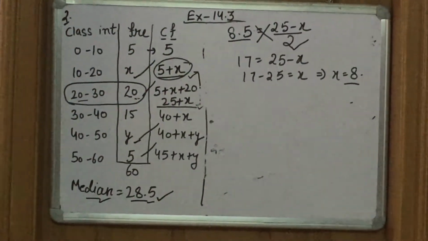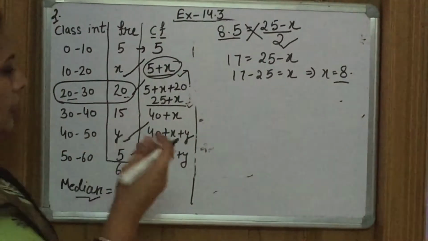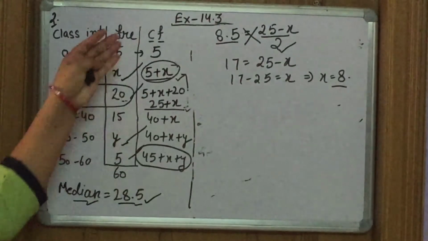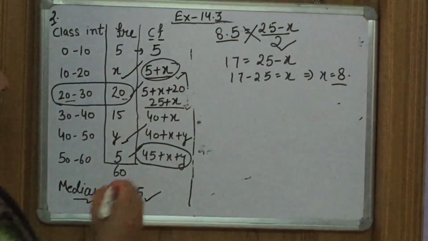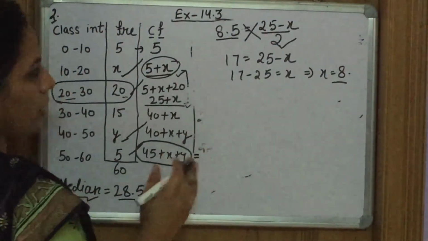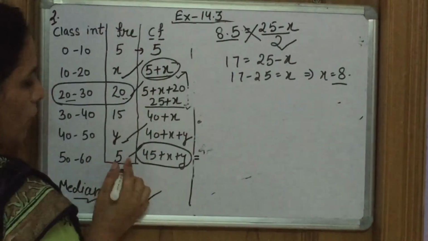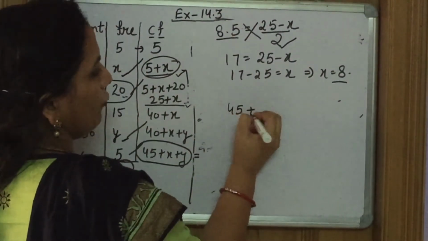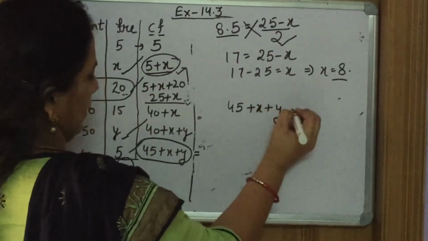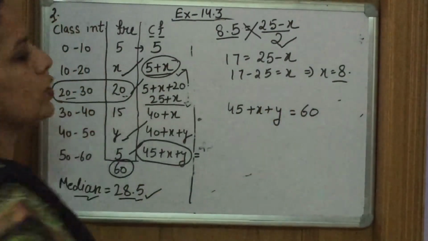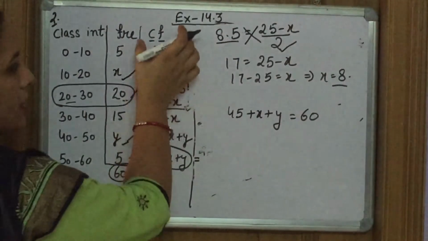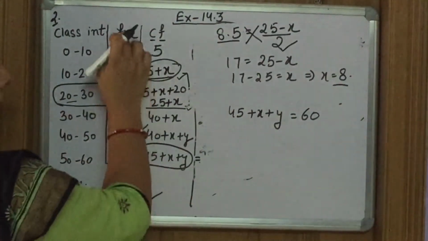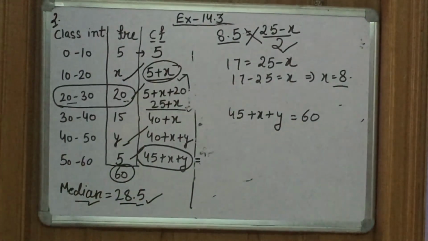Now check how we can find it. In the CF column, the last term will be equal to the total addition of f. That means 45 plus x plus y must be equal to 60. The last term of CF has to be equal to the addition of frequency, that is 60.